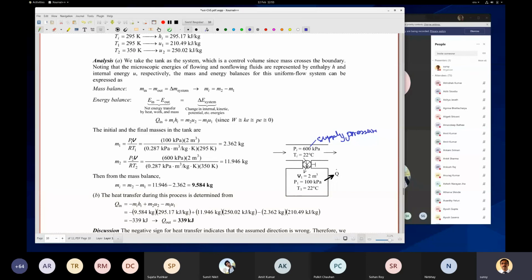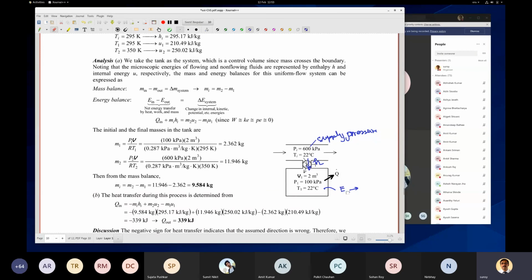So if you open the valve, what will happen is flow will take place, right? We know the H that is coming into the system. And here you will have E1 going to E2, right?